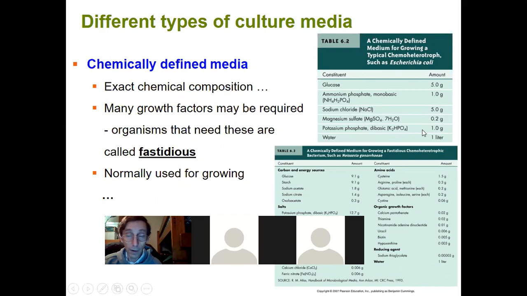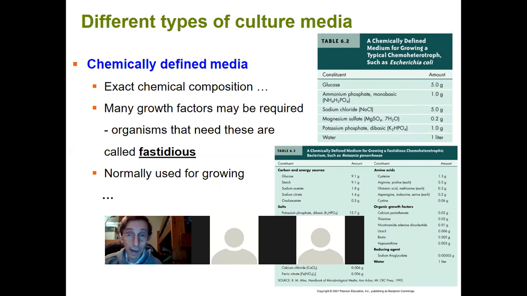And so we know all of the molecules in here, and if you use distilled water, you know exactly all of the molecules that are in this media, meaning there are essentially no trace elements added if you're using distilled water. Any questions there?